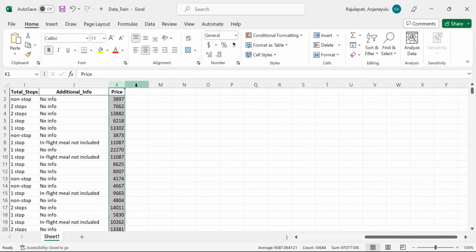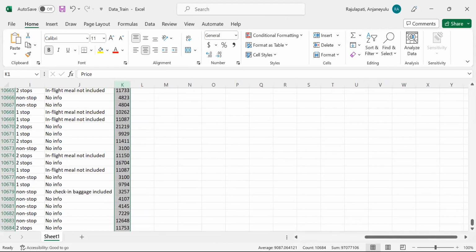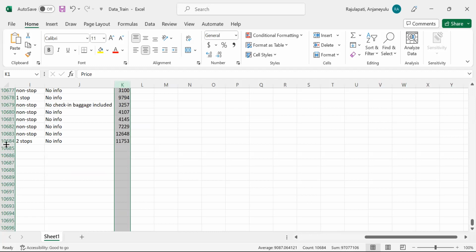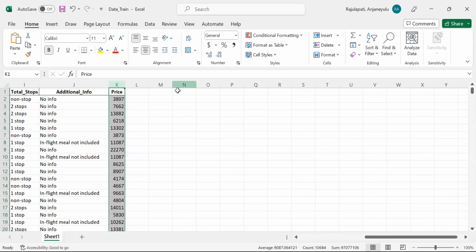Now I'm talking about the fries data. How many records do we have? We have 10,684 records. Out of these 10,650 records, I want to find the 5 elements.